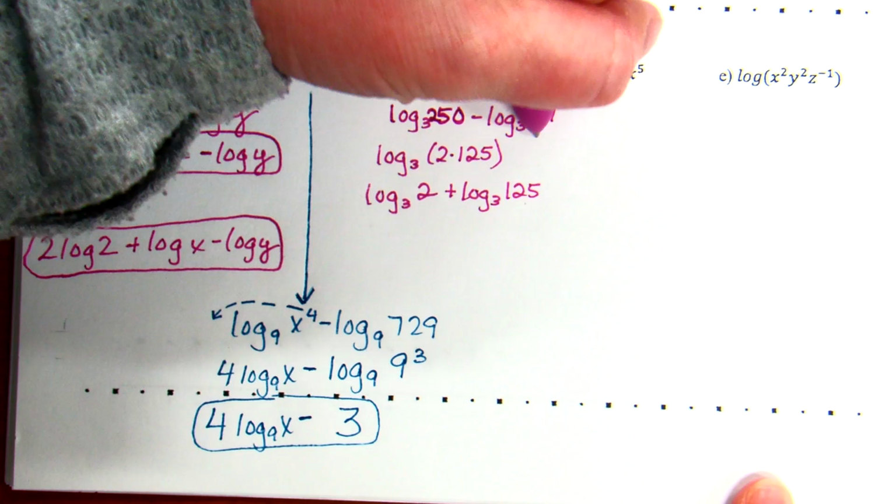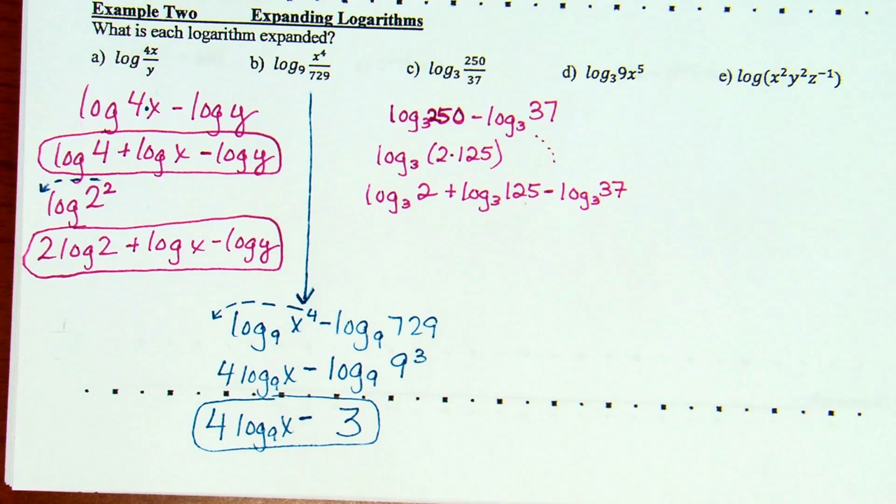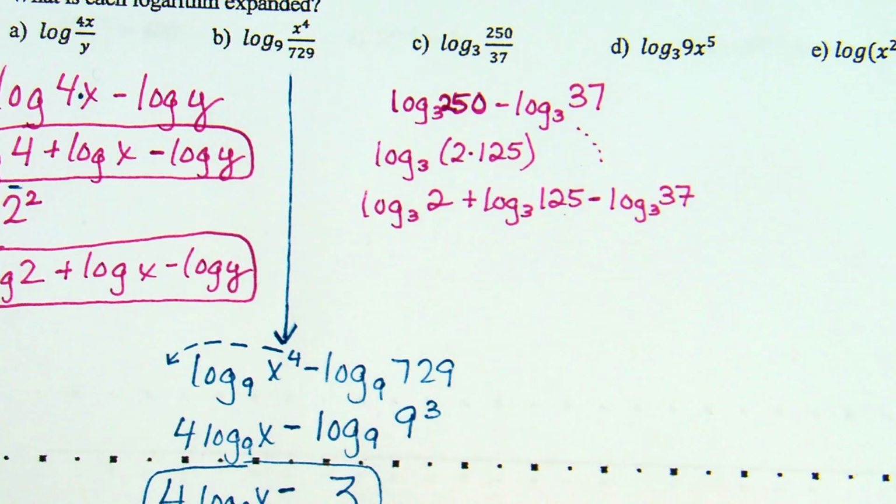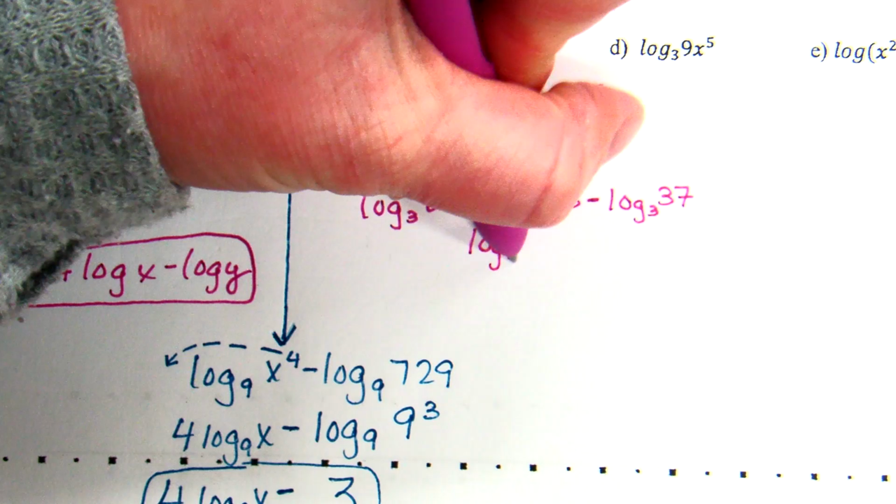I'm not doing anything with 37 because 37 is prime. It doesn't have any factors other than 1 and itself. Okay. The whole point of using the 125 was what? 125, according to our gold paper, is 5 to the third. So, log base 3 of 5 to the third.